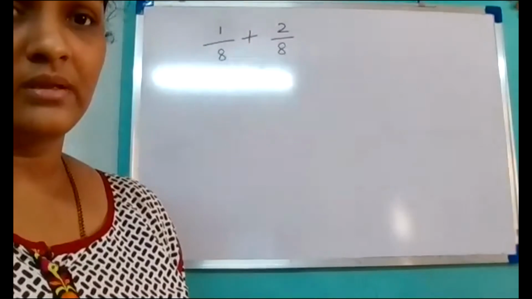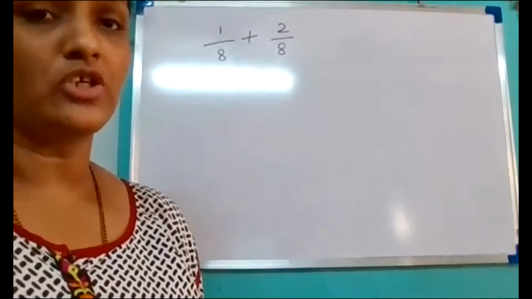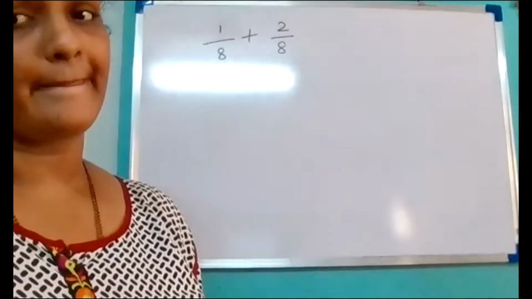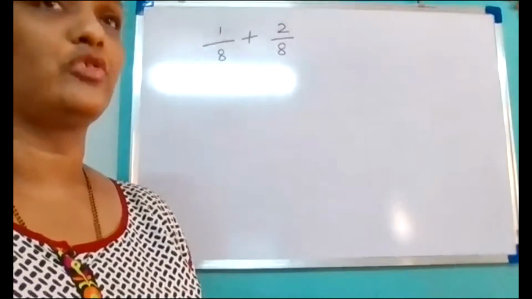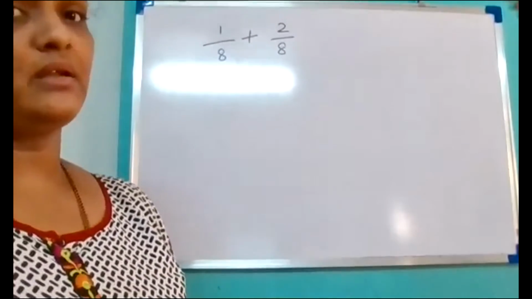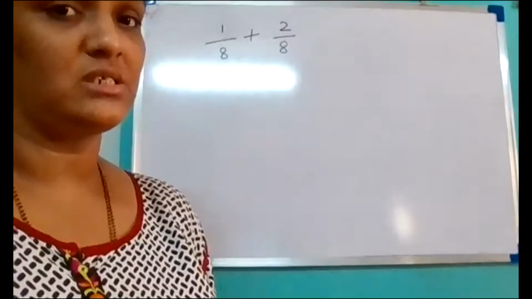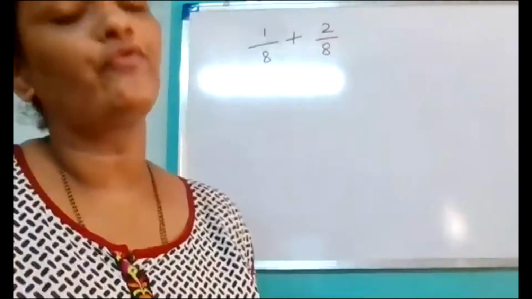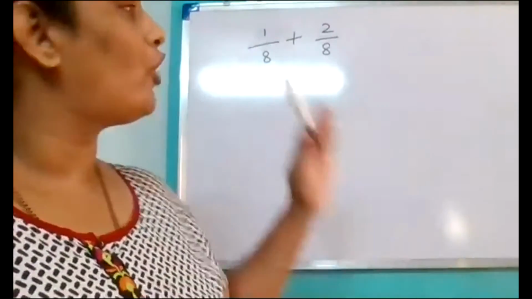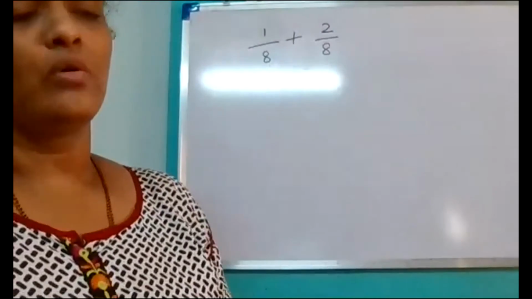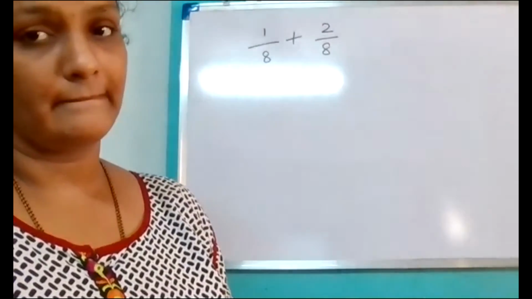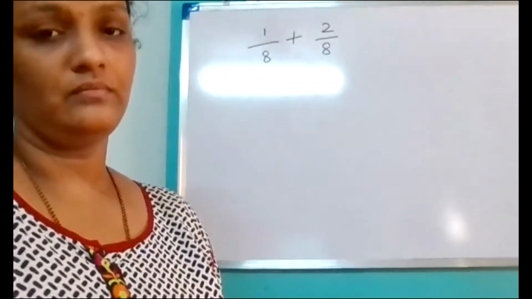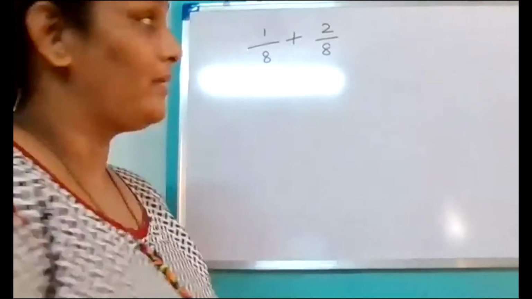And 1 by 8 is a unit fraction, and 1 by 8 is also a unit fraction. But for addition of fractions, what is the rule we have to follow? The rule which we have to follow if we have to add fractions. What is that rule?